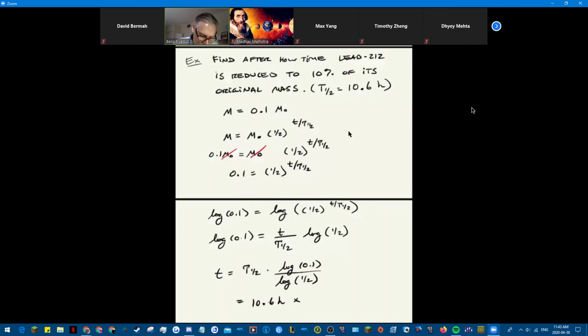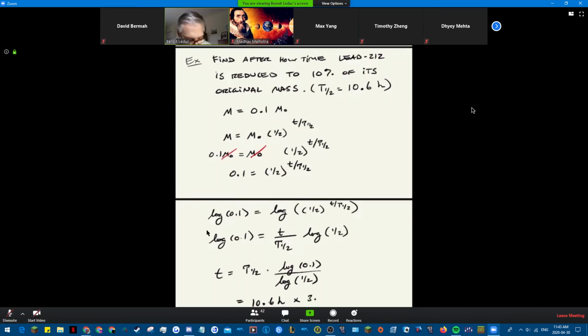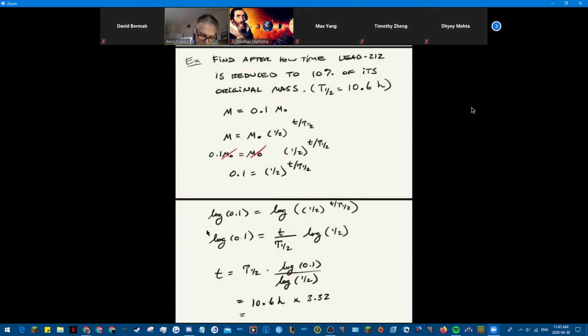Divided by the log of 0.5, and that gives you that, right? So times 10.6, and it'll give you 35.2 hours. So after 35.2 hours, this mass of lead will have lost 90%. It will be reduced to only 10% of its original mass.